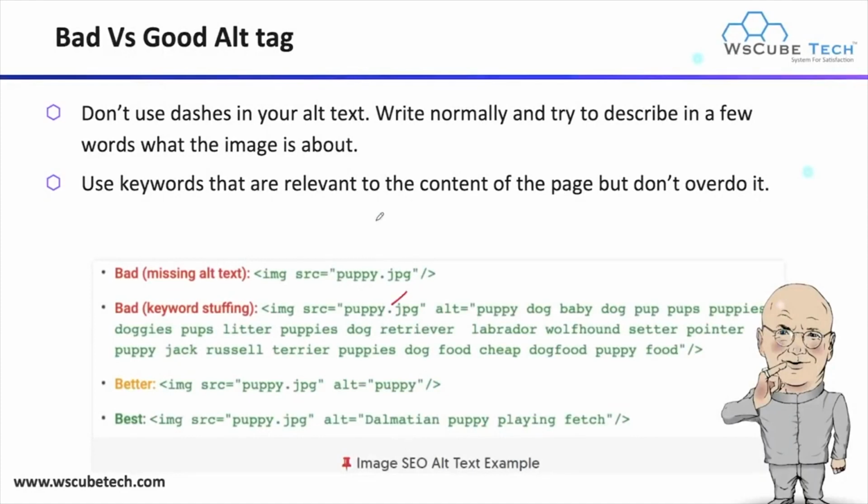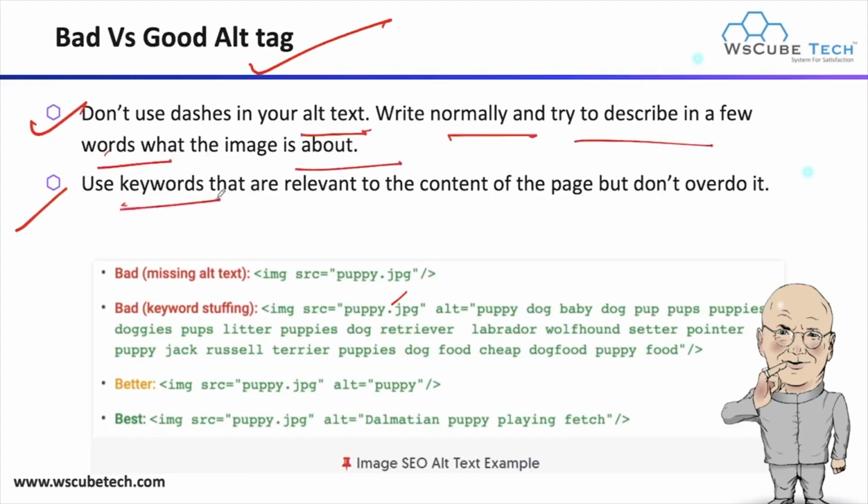Next we have bad versus good alt text. In that case we have some recommendations here, that is, don't use dashes in your alt text. Write normally and try to describe in a few words what the image is about. Use your keywords that are relevant to the content of the page, but don't overdo it. Here we have some examples.